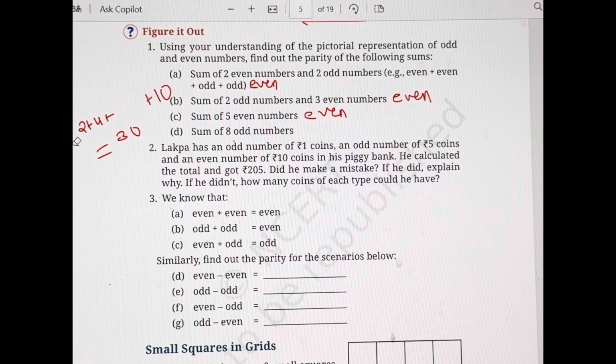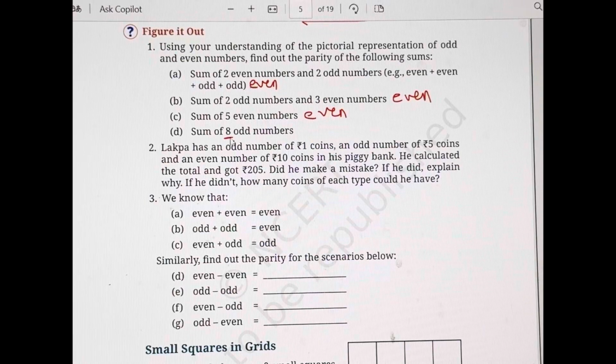Right? Now 8 odd numbers. If you remember, without taking example also you can answer this. 8 odd numbers. So even number of odd numbers. 8 is even. So you are taking even times odd numbers. Then the answer will always be even. Right?